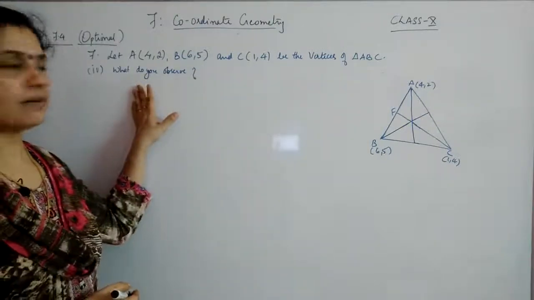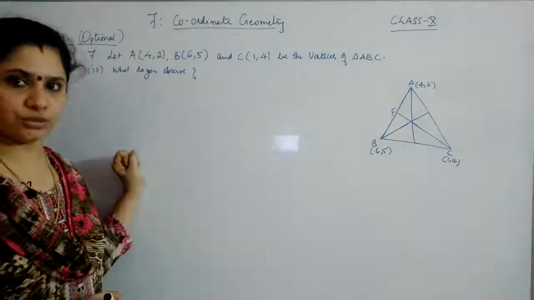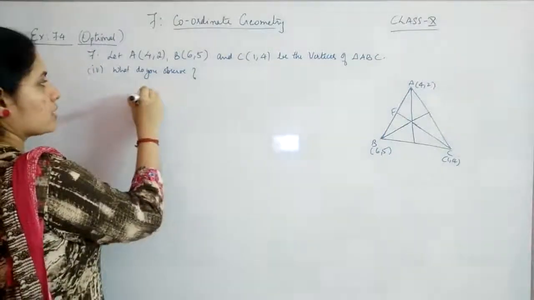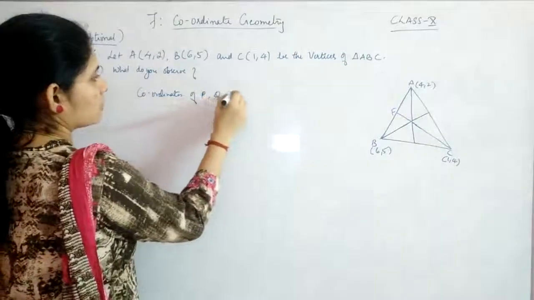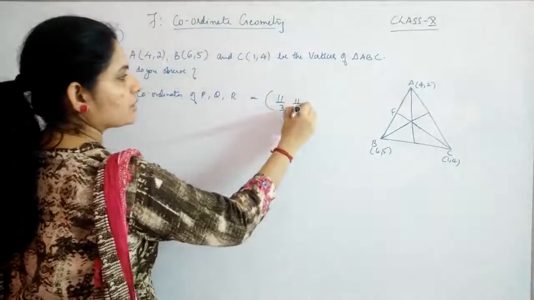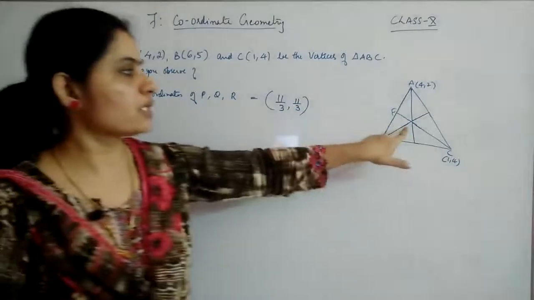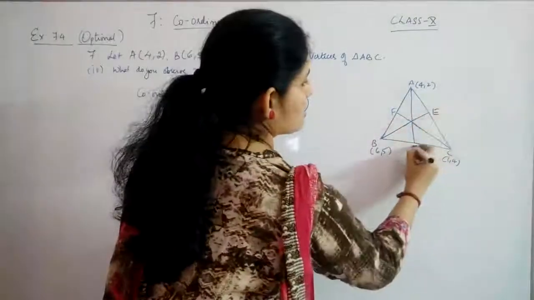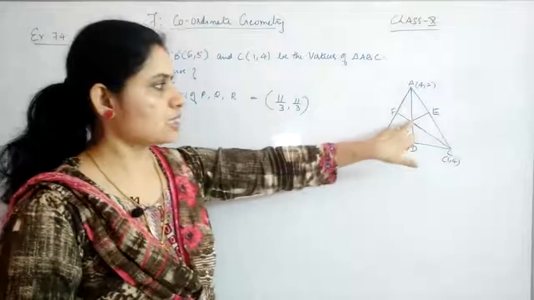Fourth subdivision they have asked is, what do you observe? That is, after finding out the coordinate of P, Q and R, what is your observation? And what you got is the coordinates of P, Q and R. Everything is same as 11 by 3, comma 11 by 3. That means that is a common point. Okay, and that common point through which all the medians, if this is F, this is E and this is D, AD, BE and CF are the medians, and this point is common.